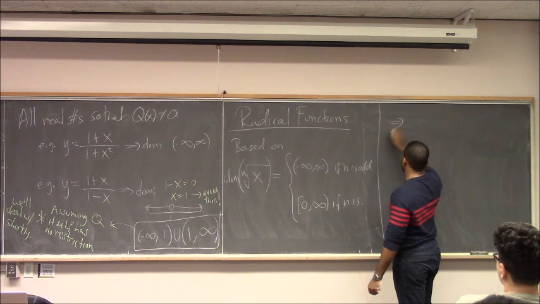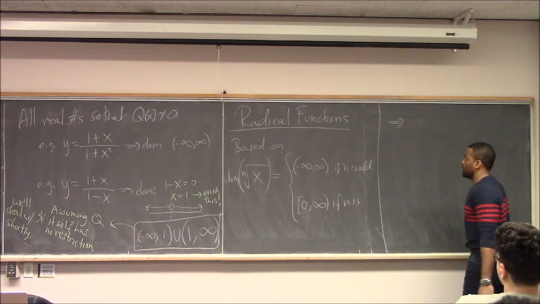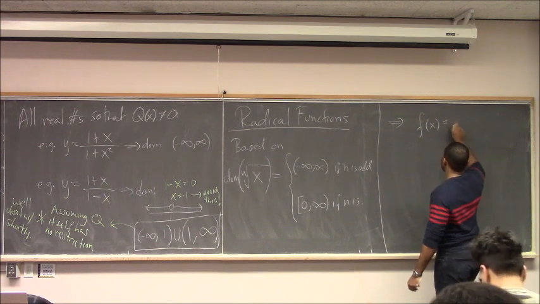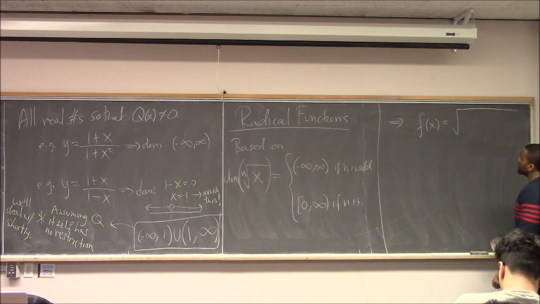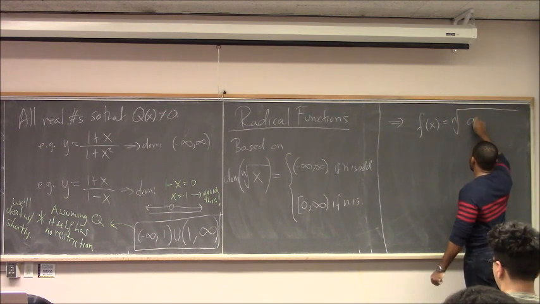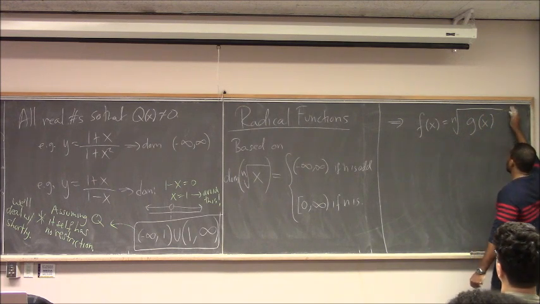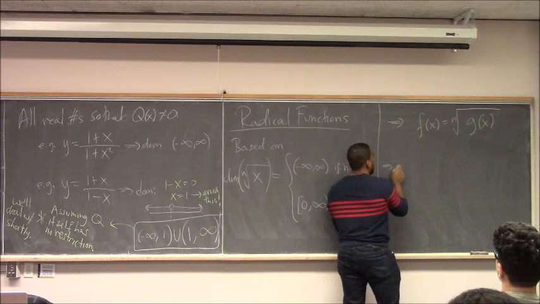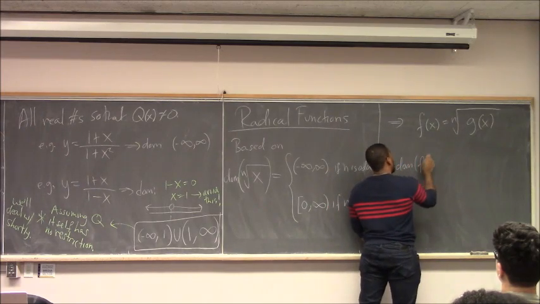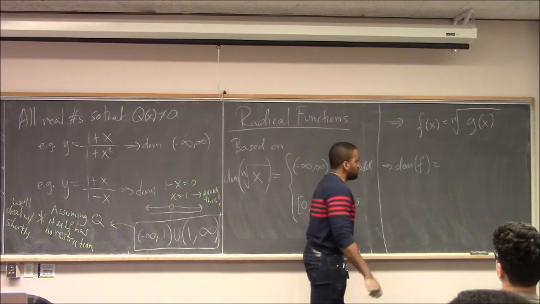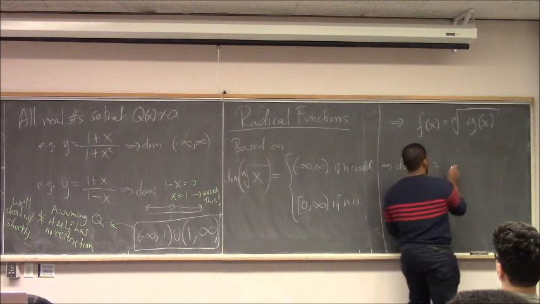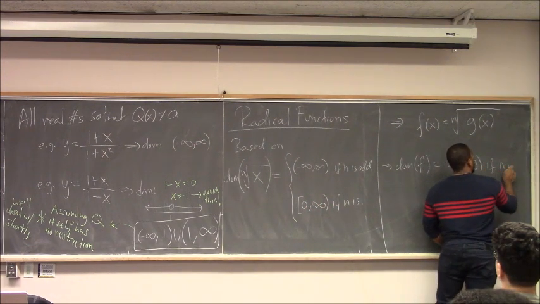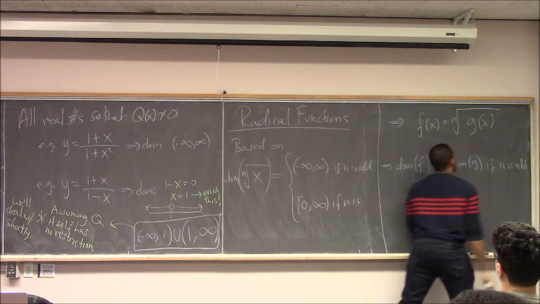So this means that if we're looking at a function that looks like the nth root of some other function g of x, then the domain of f is going to be the same as the domain of g if n is odd.